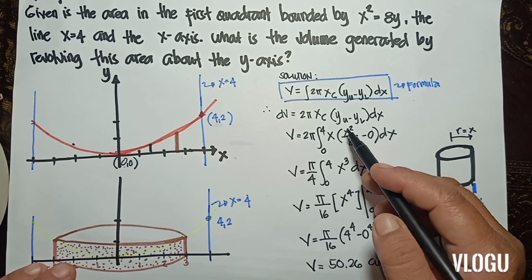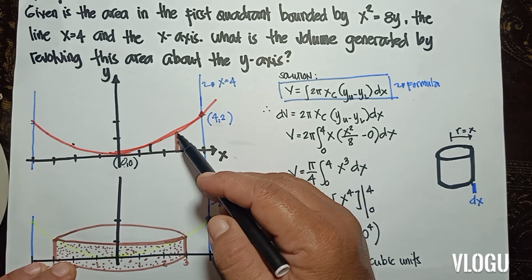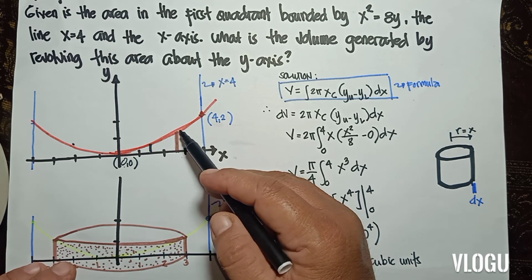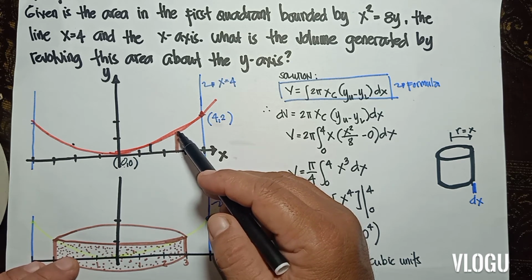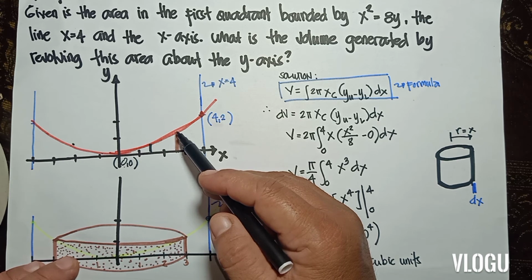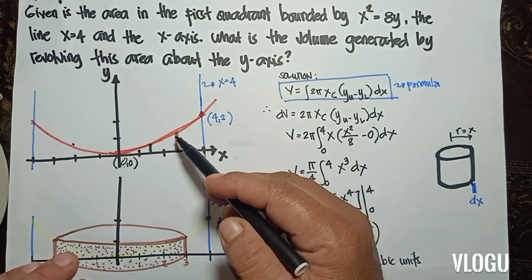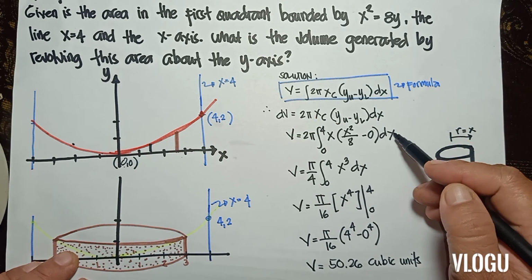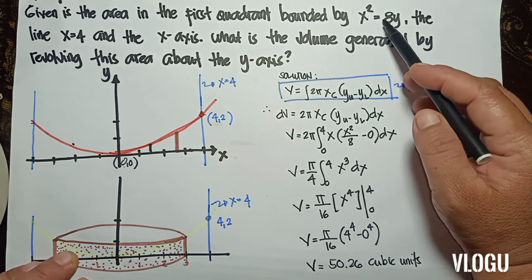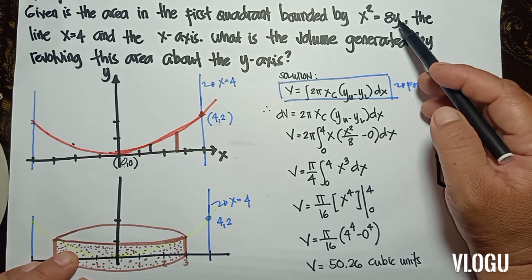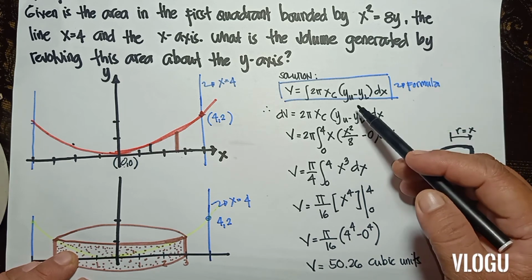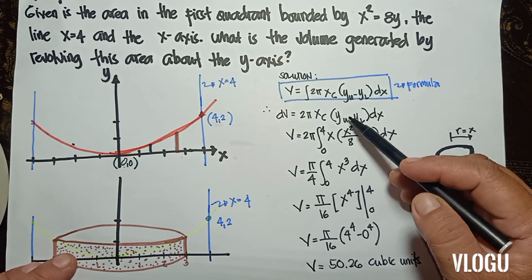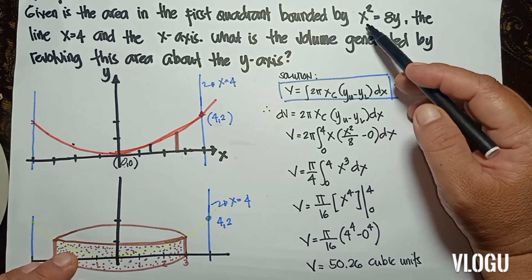Y up, that is at the uppermost portion, your vertical strip touches what equation? The equation of the curve. And what is that curve? X squared equal to 8y. Because we are looking for it in terms of x, express x squared equal to 8y in terms of x. So you will have y up equal to x squared over 8.